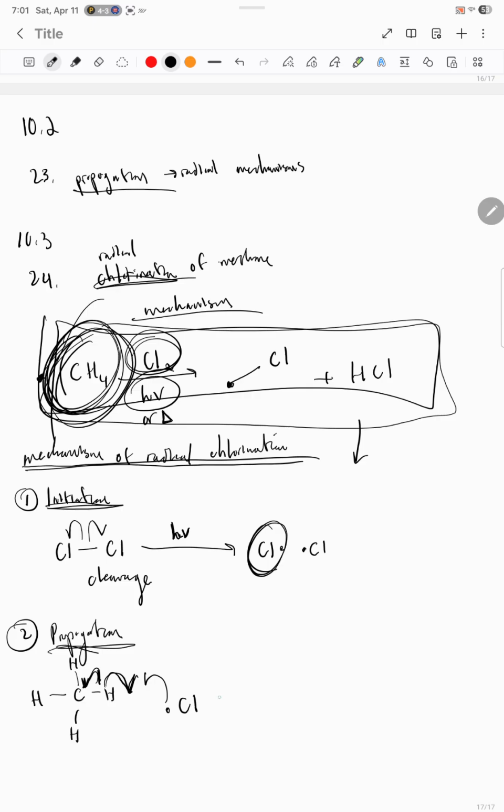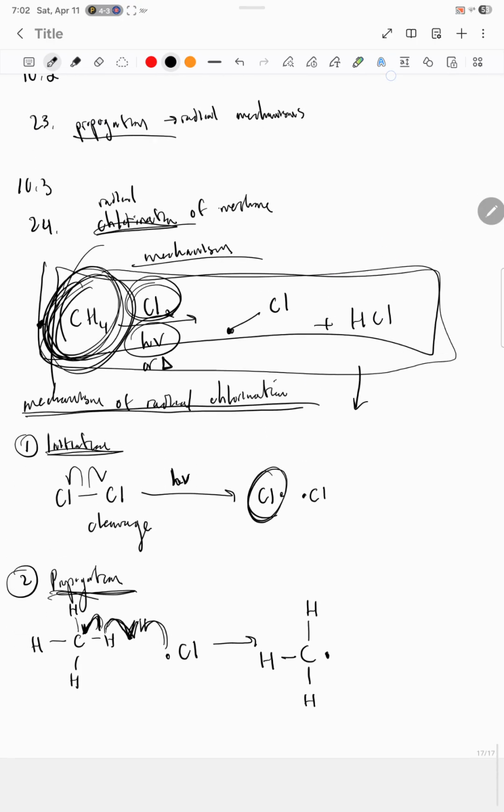And what will it do? This will generate another form of radical. When a radical moves from one molecule to another, that is called propagation, because you're propagating through to another molecule.